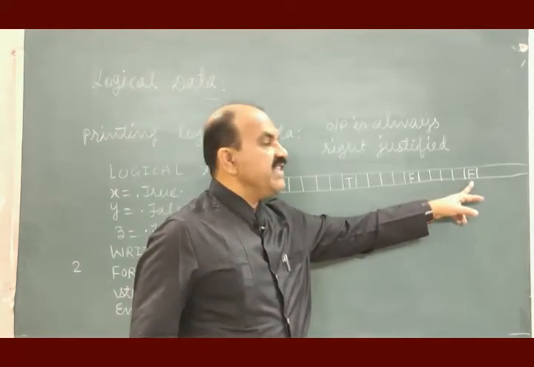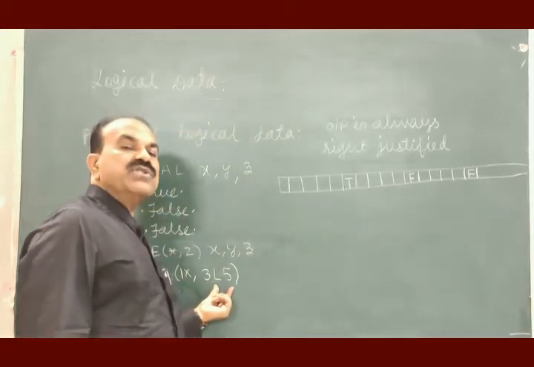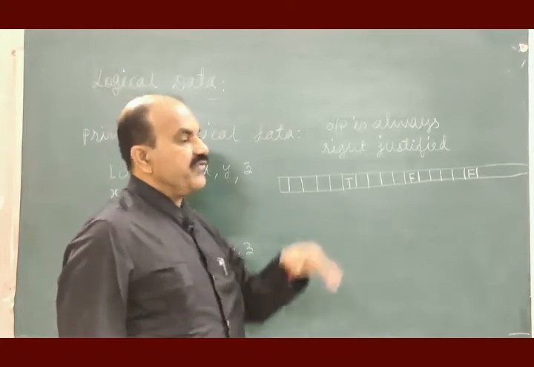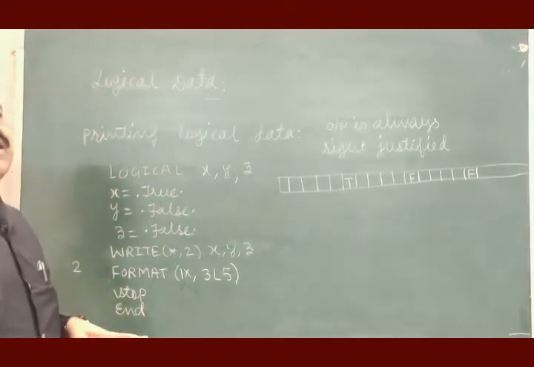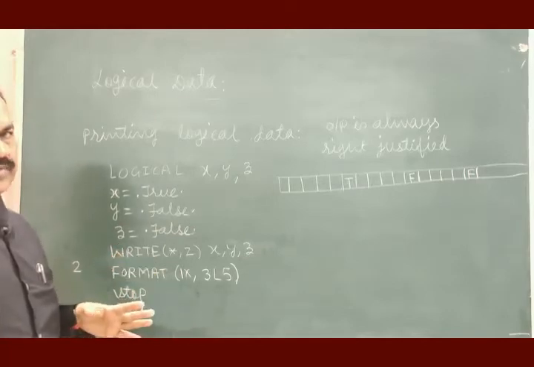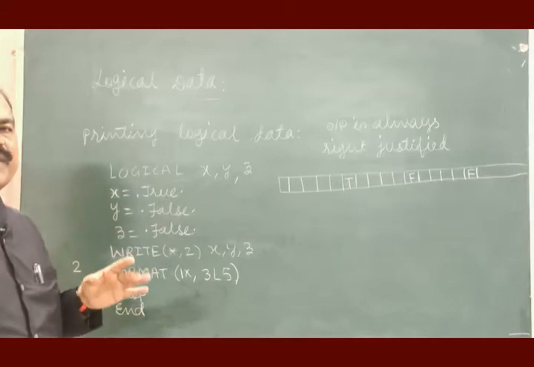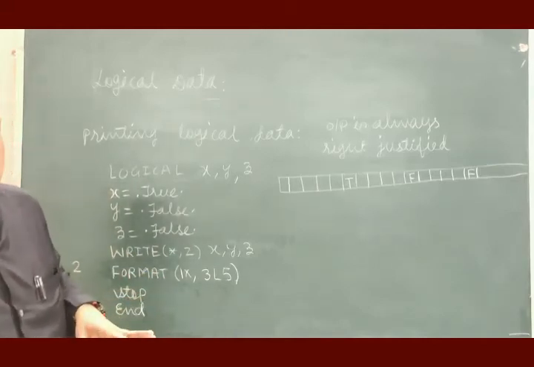It is printed in the rightmost column of the columns given for Z. This is the way of printing logical data in Fortran. Always remember this.